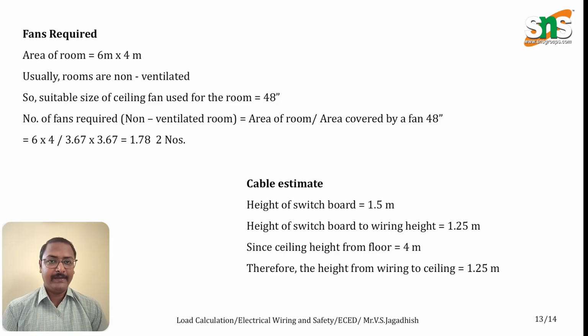This is how we fix how many fans should be placed in a particular room. For placing the sockets and controls, the height of the switchboard has to be fixed at 1.5 meters above the ground. These are the common measurements we require in order to install the appliances inside the room.